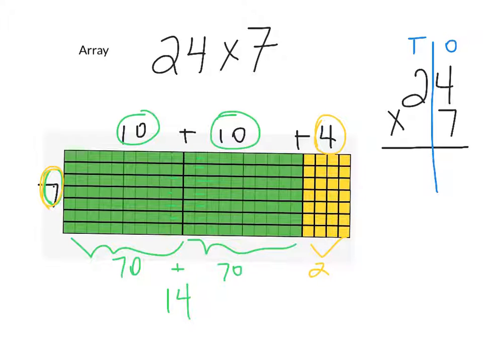So I have 24 times 7 over here. And the first thing we did was the 7 times the 20. So 7 times 20 is 140.